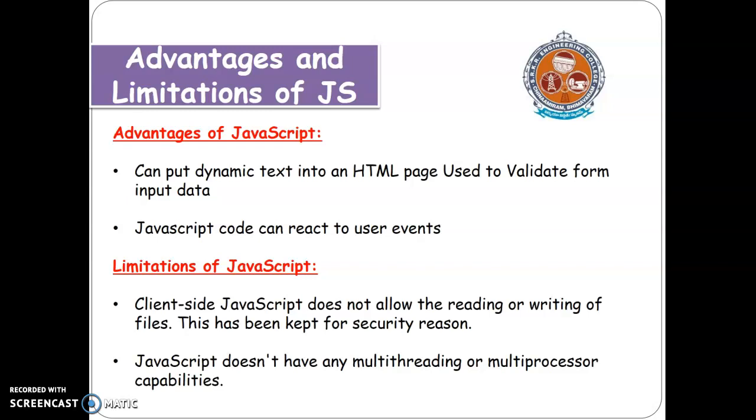Limitations of JavaScript: it is a client-side scripting language, so it does not allow reading and writing of files in the database. This has been kept for security reasons. And JavaScript does not have any multi-threading or multiprocessor capabilities.